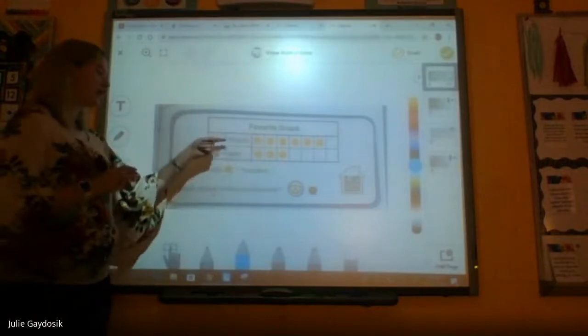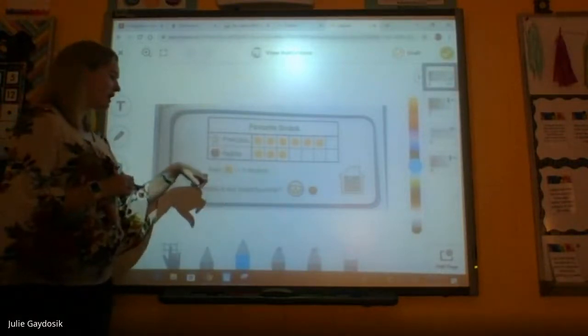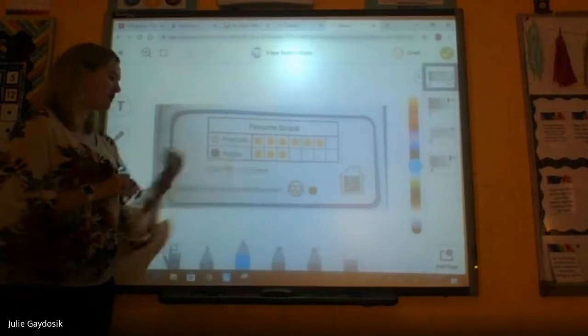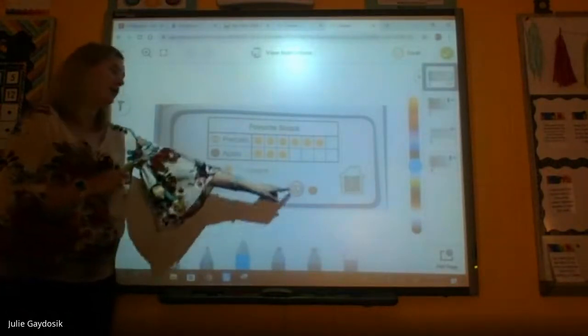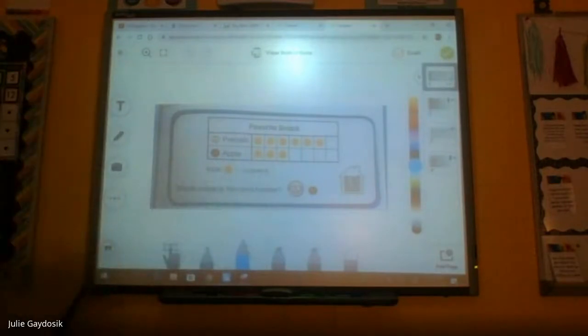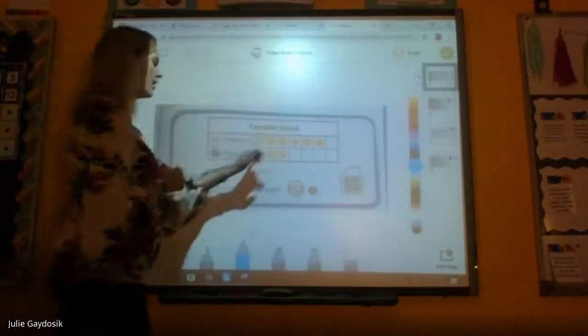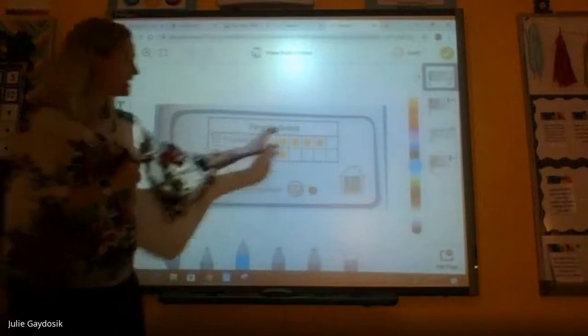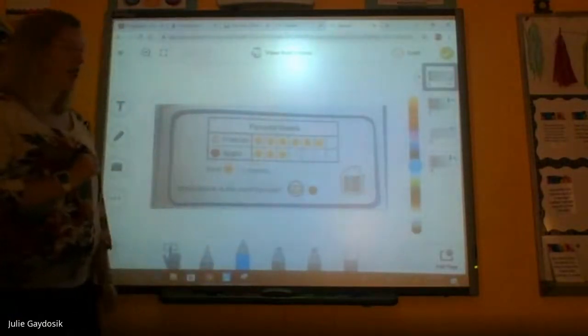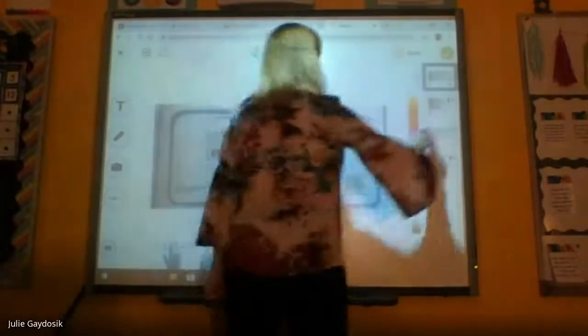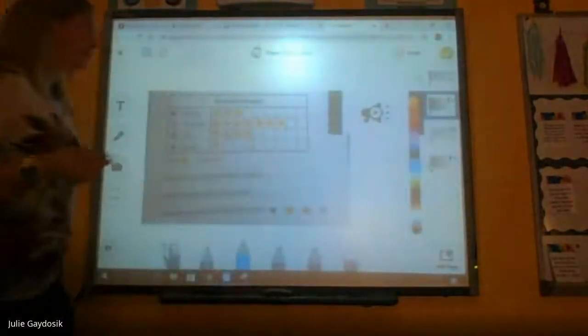They voted between pretzels and an apple. The key was each smiley face equals 1 student, and all the question asked was which snack is the most favorite. And that would be pretzels because you would count that pretzels have more than apples. And you could even see it just looking at the graph that there's more smiley faces for pretzels than there are for apples.